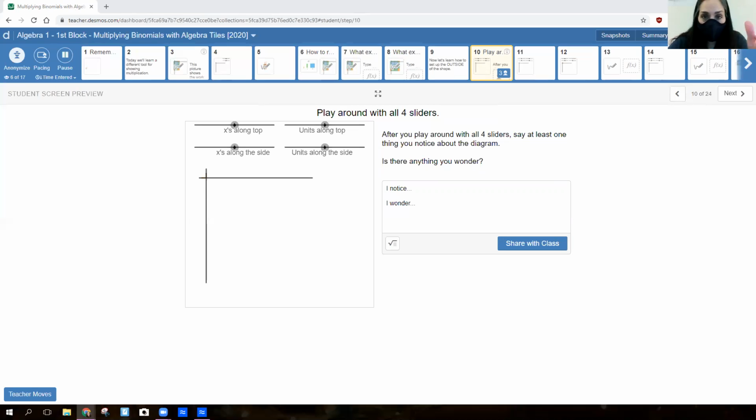Type one thing that you notice happens, and then type one thing that you're wondering about that maybe doesn't seem like it makes sense or you might have a question about. Type one thing that you notice and type one thing that you're wondering about.